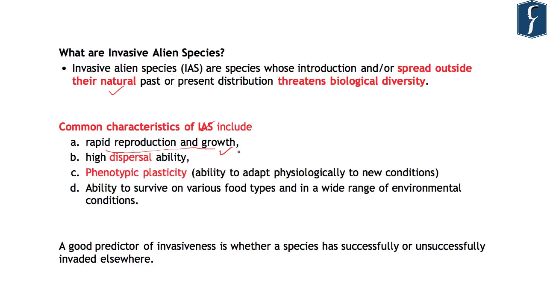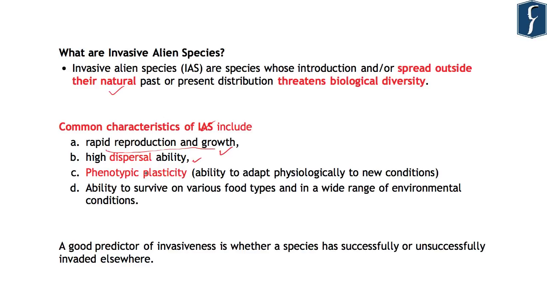Now, this dispersal ability refers to both the movement of animals, plants, bacteria, or fungi from their birth site to their breeding site, as well as the movement from one breeding site to another, and hence high dispersal ability is a very important criterion to enable invasive alien species to spread outside their traditional natural habitat.